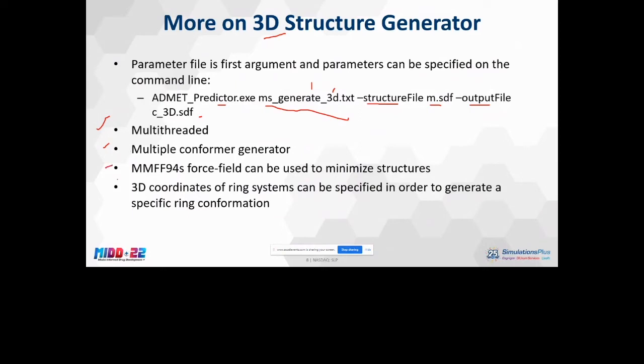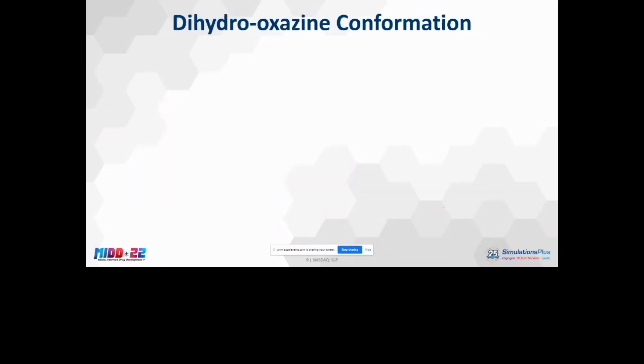It also has an option to use the Merck molecular force field to minimize the structures, and I did use that option in my template file. And then finally, you can specify the 3D coordinates of a ring system in order to generate a specific conformation. I'll illustrate that on the next slide.